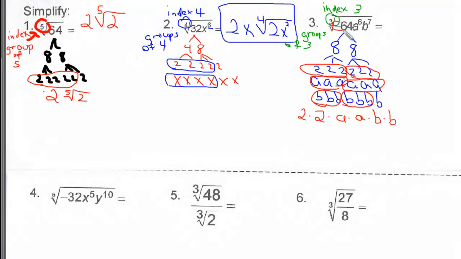Now since there's a negative sign out front, the cube root of a negative will always be negative. 2 times 2 is 4, so this is going to be negative 4. a times a is a squared. b times b is b squared.